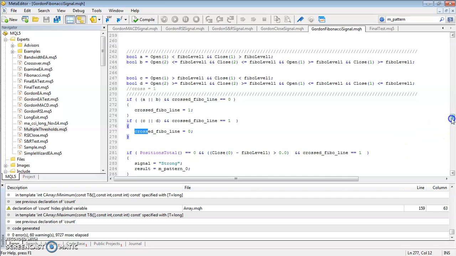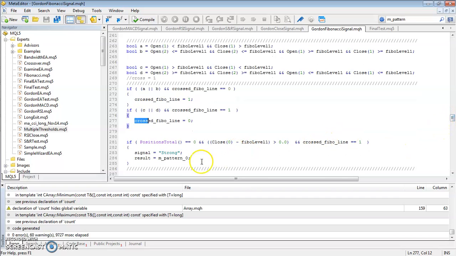And it would only trigger a signal when there aren't any positions open, when the current candlestick price level is above the 23.6 Fibonacci line, and it's indicated that we've crossed the 23.6 Fibonacci line.